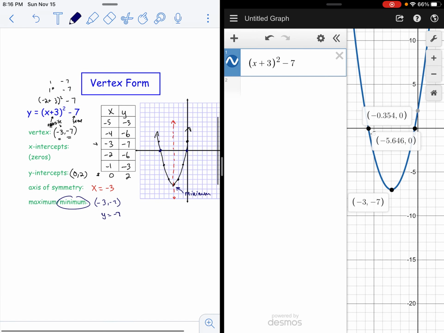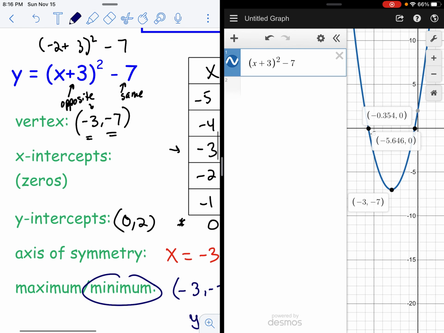They're going to be some decimals we'll round. So it's going to be negative 0.354, 0. And then negative 5.646, 0. So those are going to be our x-intercepts.